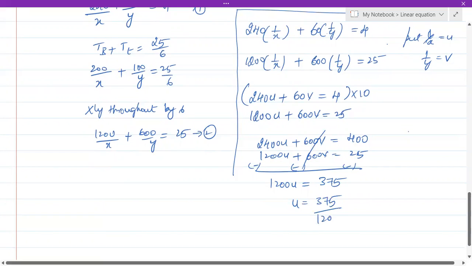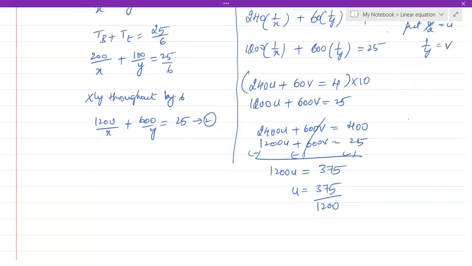Therefore, u becomes 375 by 1200. Let's see, 375 into 4 will give us 1500.